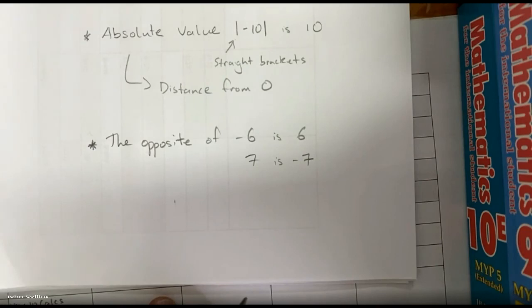Okay, so where we're going with this is we're going to start doing operations with these negative numbers. We're really going to focus on the negative numbers. We're going to start multiplying, dividing, adding, subtracting. Not so much today, we're just getting into the basics today, but I'm sure you've done a little bit of this last year.